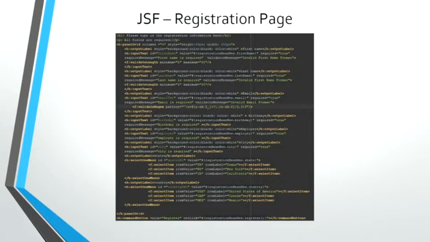And then down below we have the drop-down menus for state and country, and at the very bottom we have the command button, which takes these inputs and connects them to the register function.